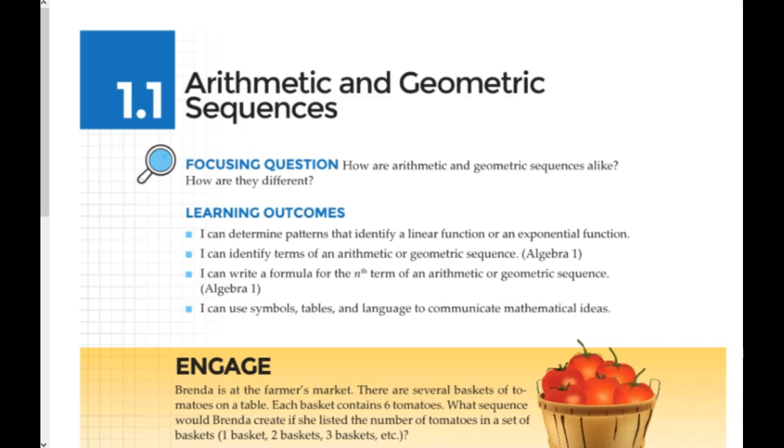Where did I put it? Cool. All right, so we're going to be focusing, and notice the book uses the other words I was telling you, arithmetic and geometric, okay? So remember, adding and then multiplying.